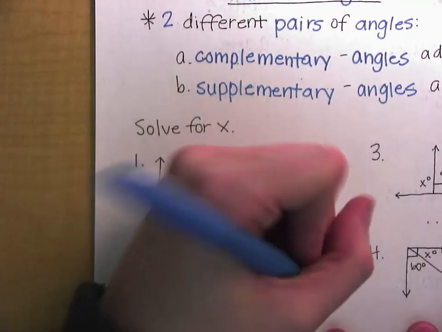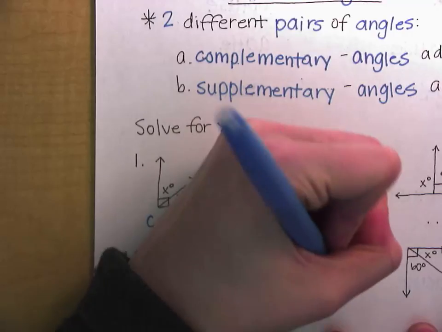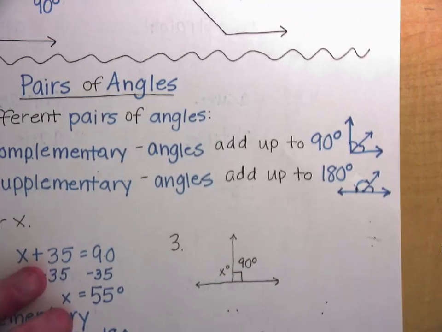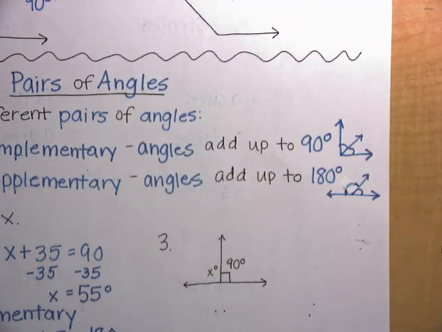You should get 115 degrees. So the supplement of 65 degrees is what? 115 degrees. What's the supplement of 115 degrees? 65. Good. Go ahead and try number 3 on your own.